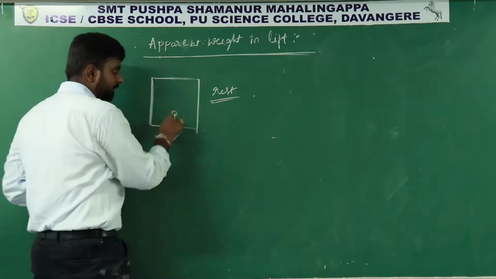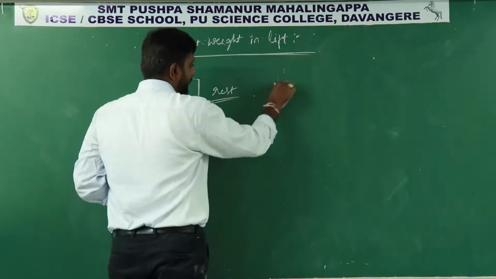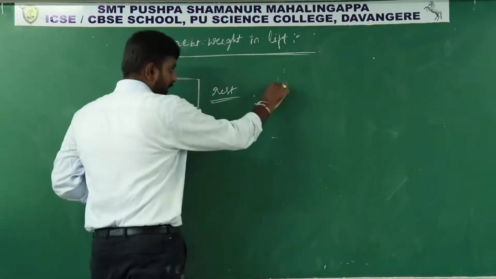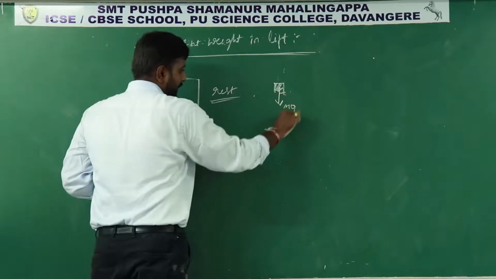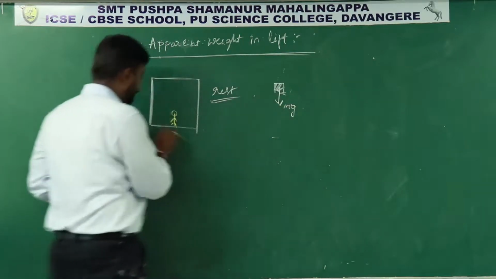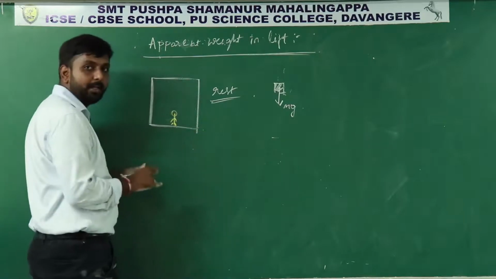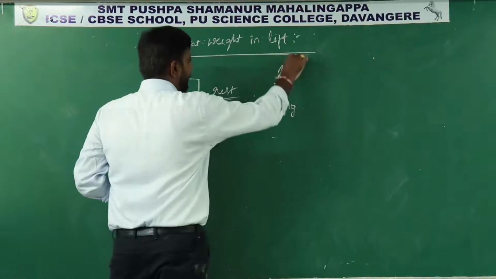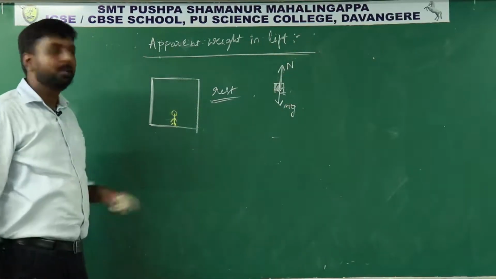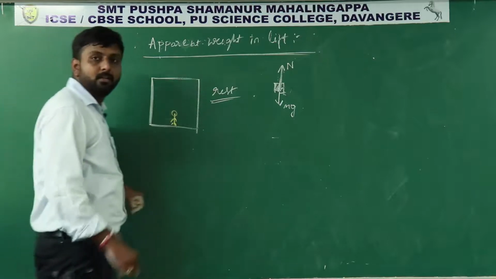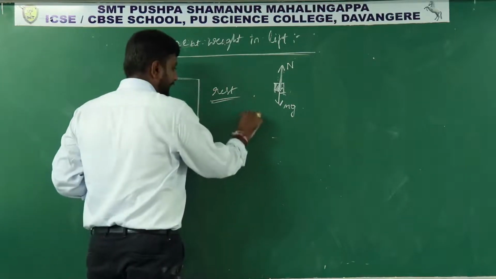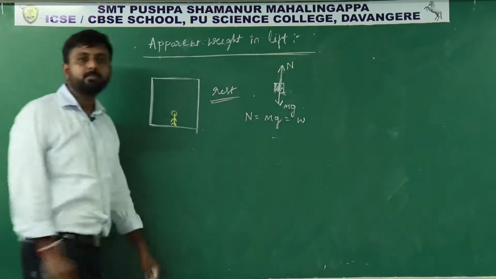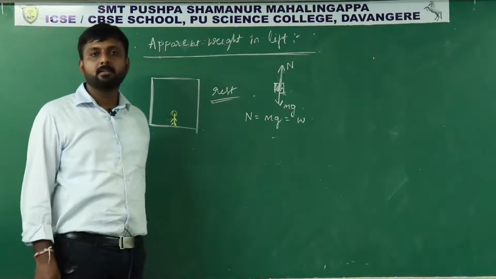So the weight of a person, I will consider like this on this body, mg acting downwards. This surface is applying a contact force, that is the normal reaction, acting upward. When it is at rest, no net force is acting, hence I can write N equals mg equals W, the weight of a person.